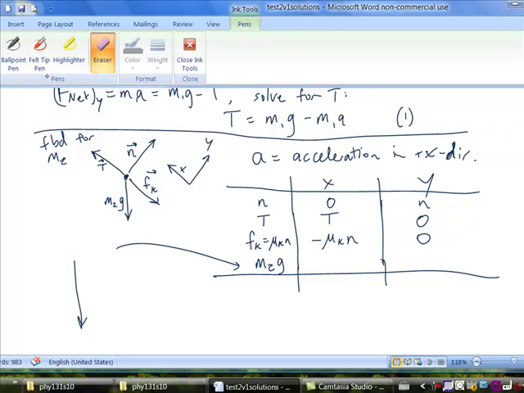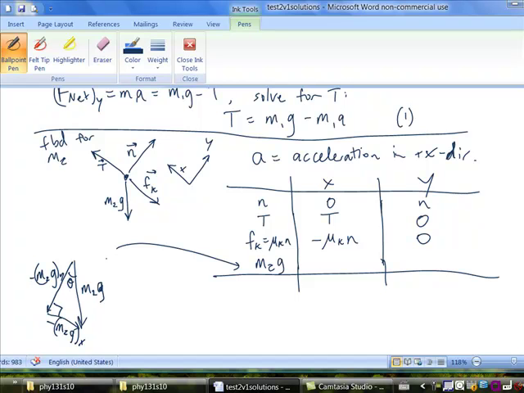It's going to have a component in the negative x direction, negative m2g in the x direction, and then it's going to have a perpendicular component in the negative y direction, so negative m2g in the y direction, and the theta of the slope, the 30 degrees, is right there, and there's the right angle triangle, and this is m2g.